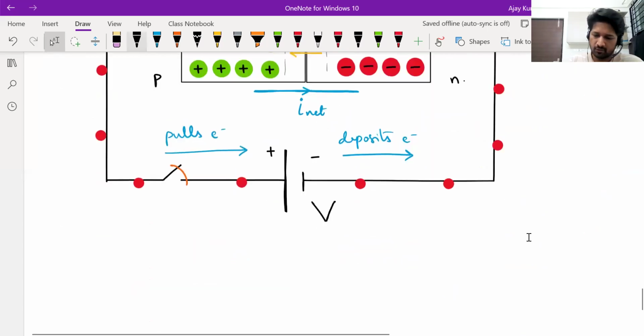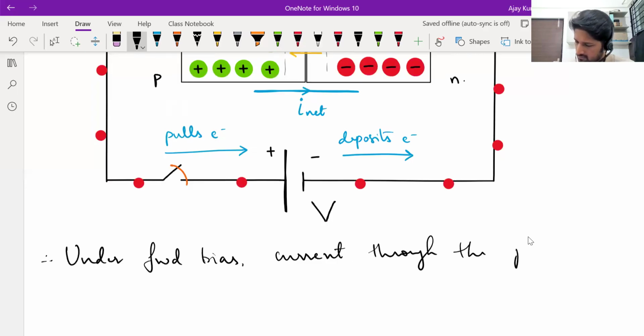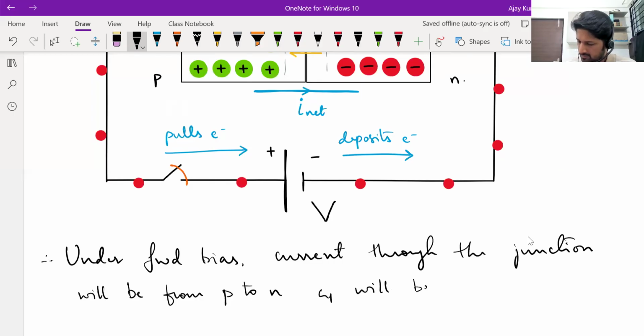Therefore, under forward bias, current through the junction will be significant. It will be from P to N and will be significant.